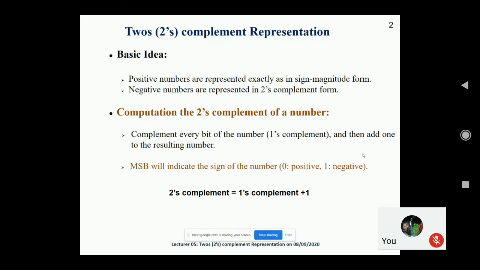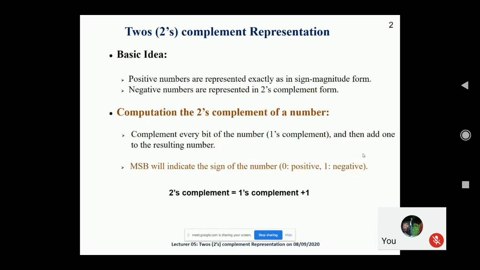So two's complement means: complement every bit of the number, which by default is the ones complement, and then add 1 to the resulting number. First we complement the numbers, which behaves like a ones complement, and after that we add 1 to the LSB, not the MSB. That is called the two's complement representation.